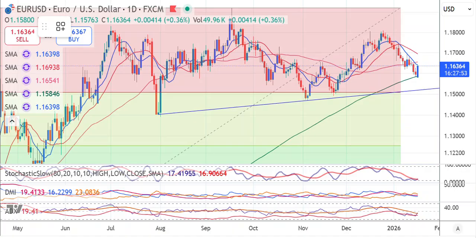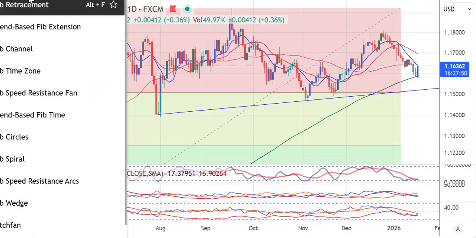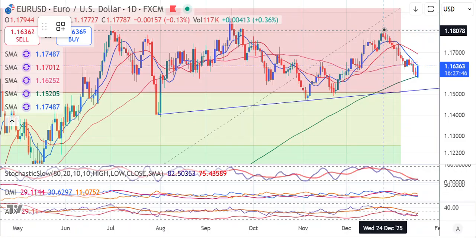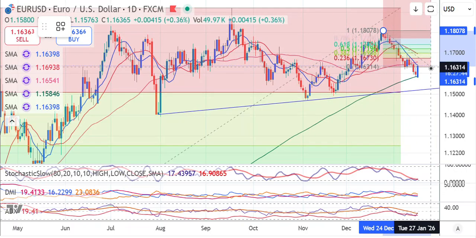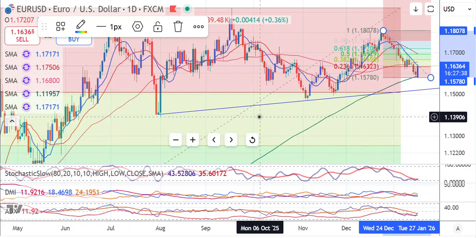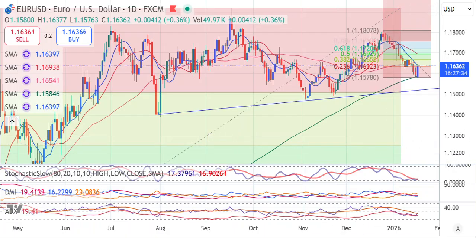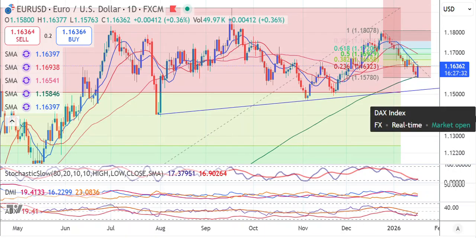But if I put on some Fibonaccis for you, you can see exactly where I think it's going to go. Now, when you get moves like this, you can take the high and the low. If you look there, you can see that the first Fibonacci retracement comes in at 1.1632.